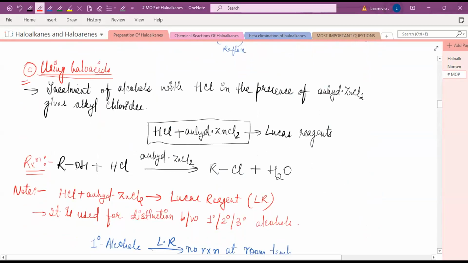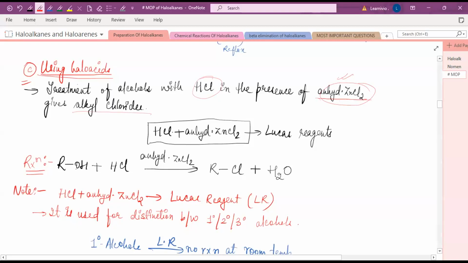Basically, the treatment of alcohols with HCl in the presence of anhydrous ZnCl2. What do we use as a reagent? We use anhydrous ZnCl2 plus HCl to give the alkyl chloride. So alcohol, when it is treated with HCl and anhydrous ZnCl2, will give you the corresponding alkyl chloride.